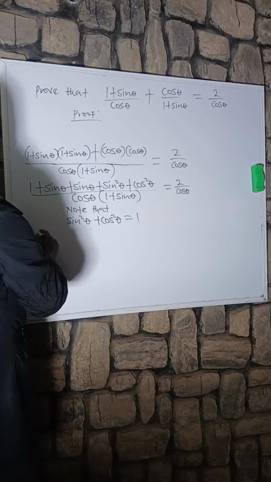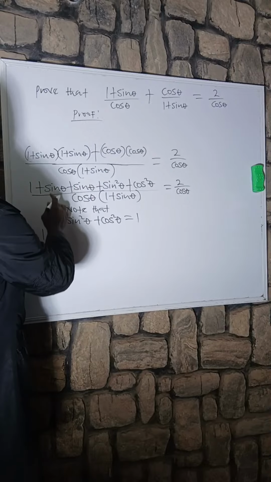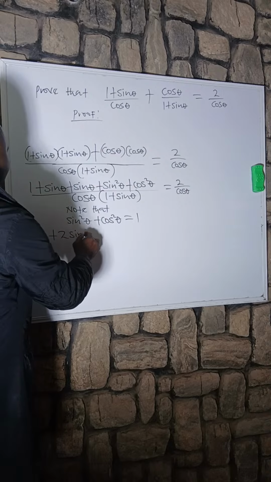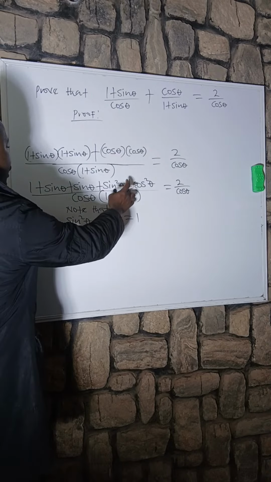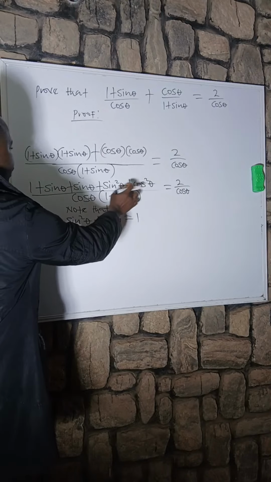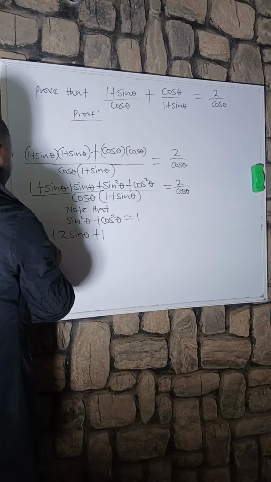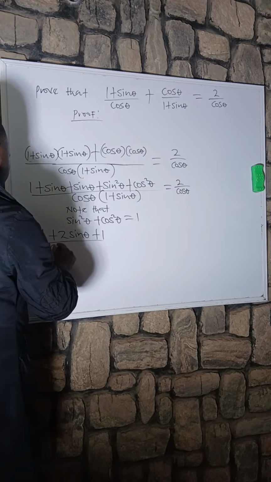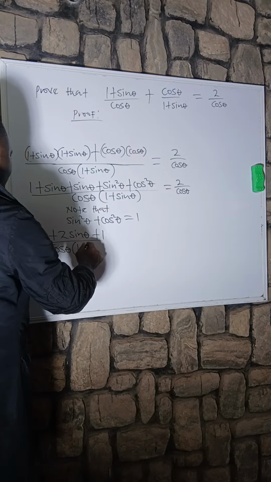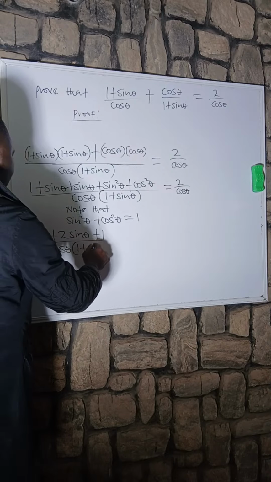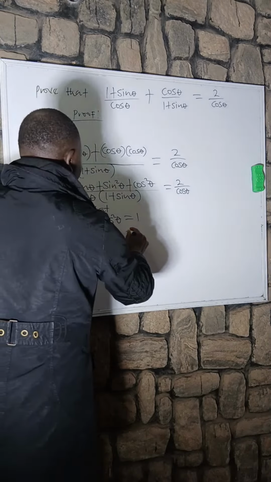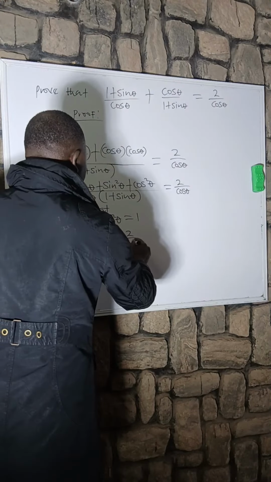Plus this, there will be 1 plus sin theta plus sin theta, 2 sin theta. Here is plus 1, because this and this will give us 1. Then all over cos theta, open bracket 1 plus sin theta, equals 2 all over cos theta.